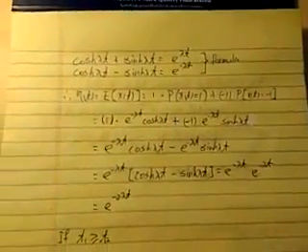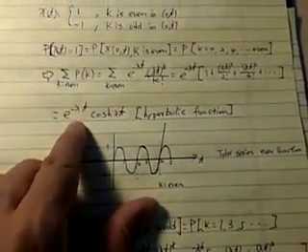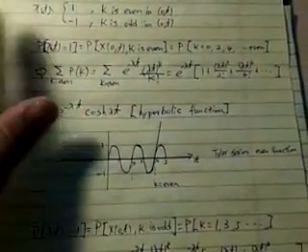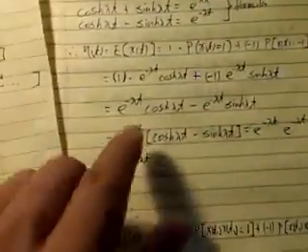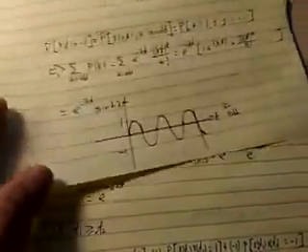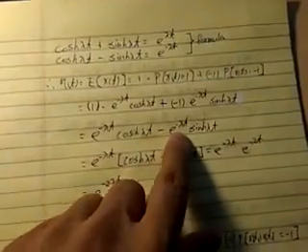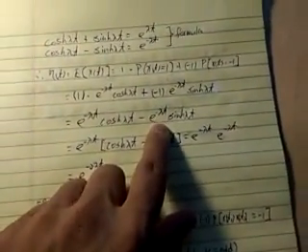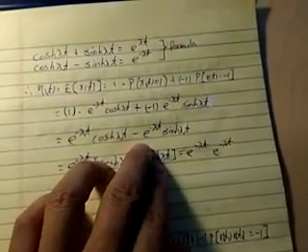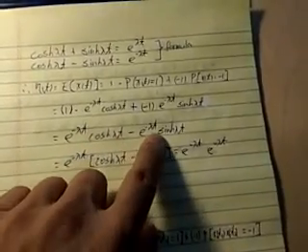So we can get the even number is e to the minus lambda t cosh lambda t here. The odd number is e to the minus lambda t sinh lambda t.